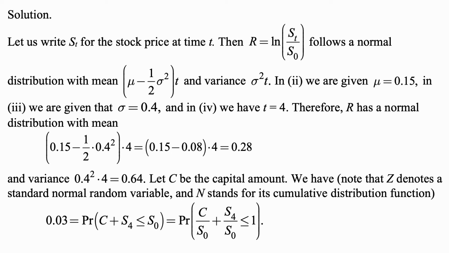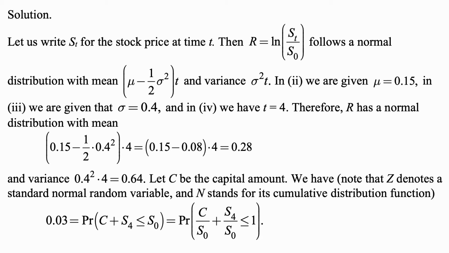And here's the solution. Let us write S sub t for the stock price at time t. Then R, which is the natural logarithm of S t over S0, follows a normal distribution. That's what the stock price following a log normal distribution means, with mean equal to mu minus 1/2 sigma squared times t and variance sigma squared times t.